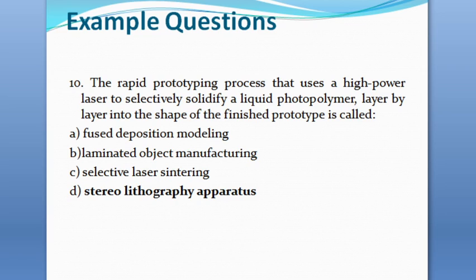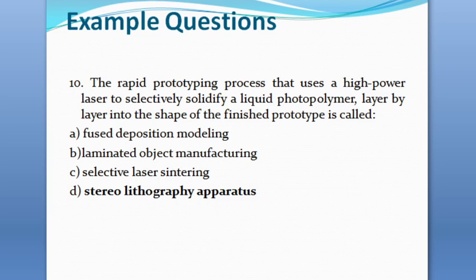Then 10th one. The rapid prototyping process uses a high power laser to selectively solidify a liquid photopolymer layer by layer into the shape of the finished prototype. It's called FDM, LOM, SLS, SLA, stereolithography apparatus.